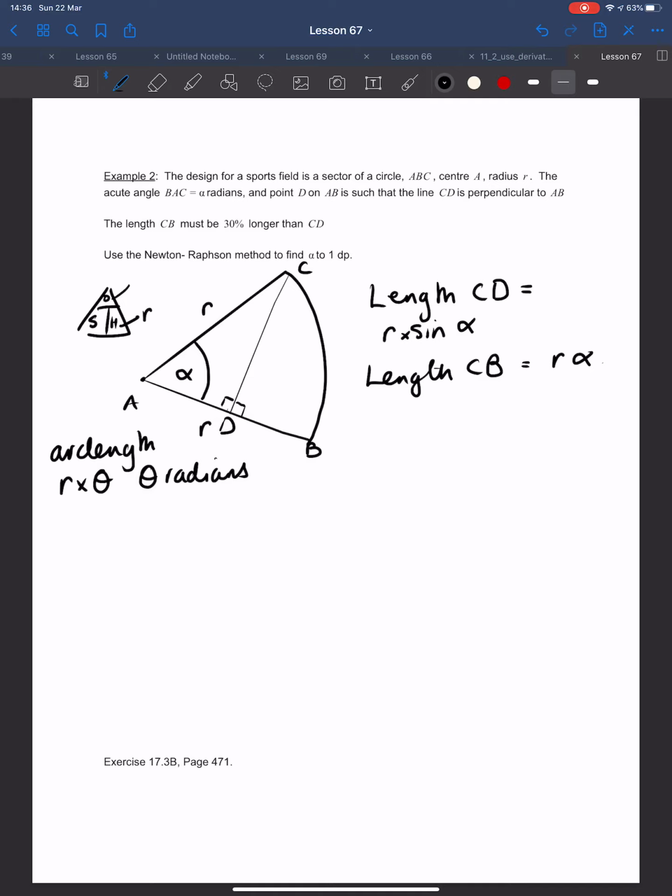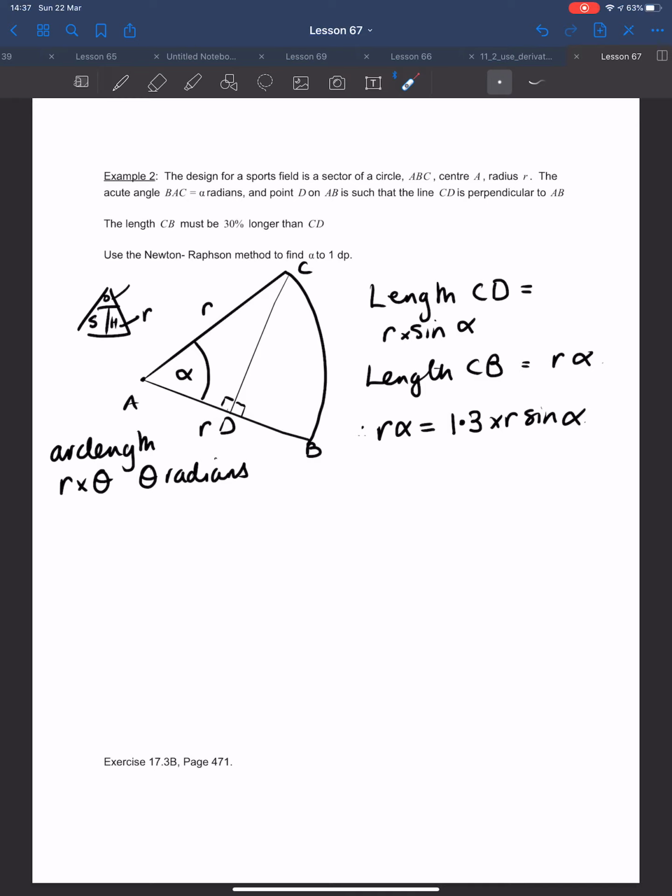Now CB is 30% bigger than CD. So therefore, r times alpha is 1.3 times r sine alpha. Where that's come from, 1.3 is a 30% multiplier. So 1.3 times CD is going to make that 30% bigger, and that's what we want the r alpha to be.